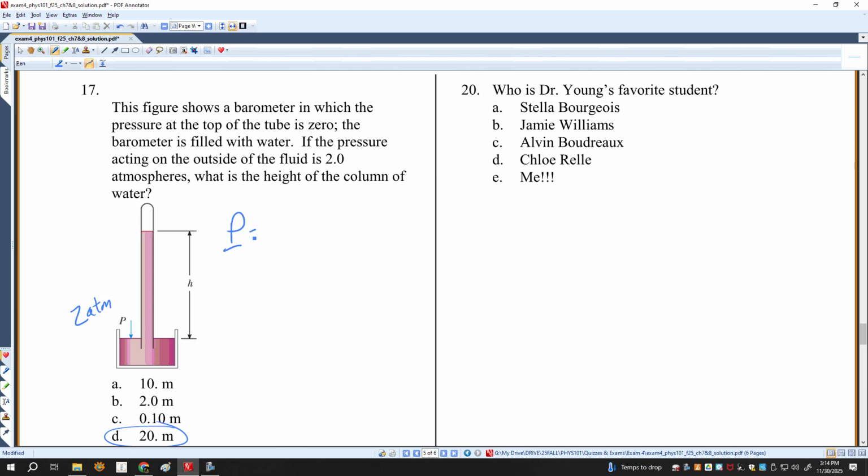I can just say that P is equal to rho times g times h. I'm leaving out the P naught because it's equal to 0. P is equal to 2 times 10 to the 5th pascals, converting the 2 atmospheres to pascals, is equal to 1,000 kilograms per cubic meter times 10 times h. So h is equal to 20 meters.